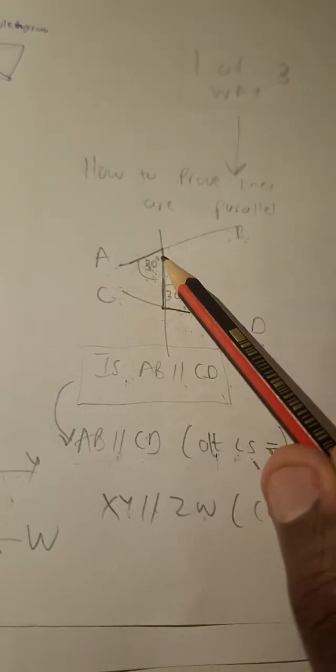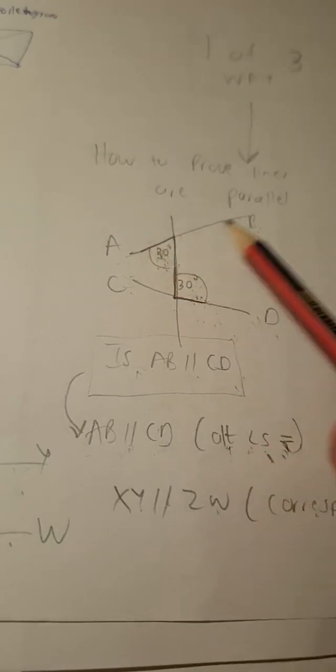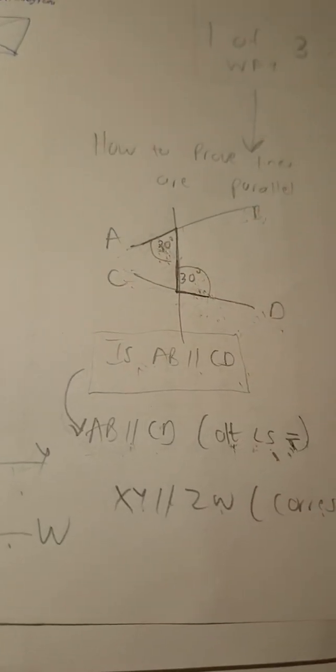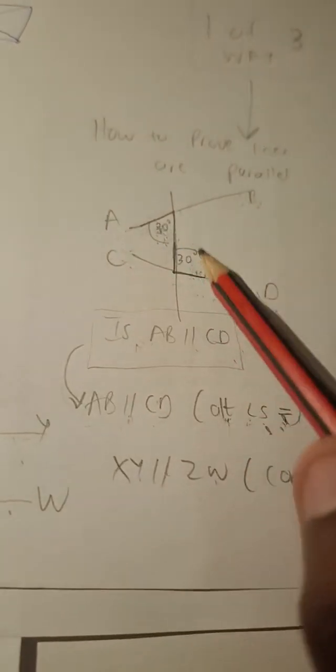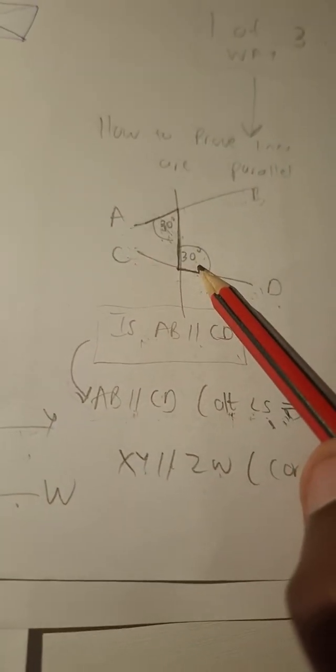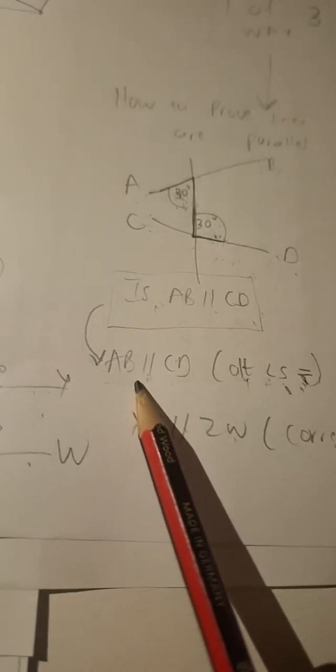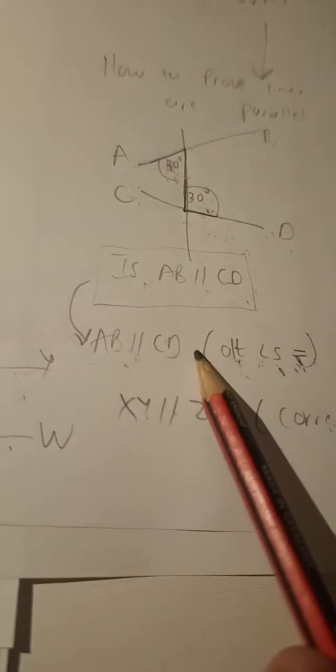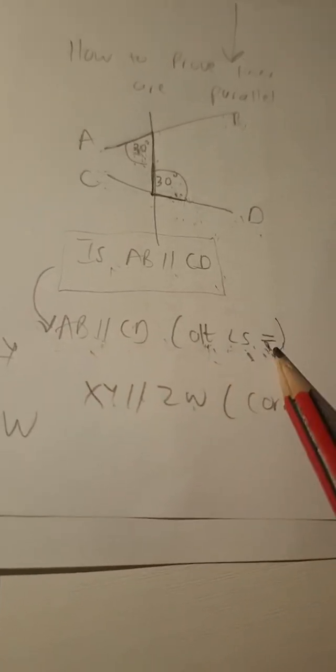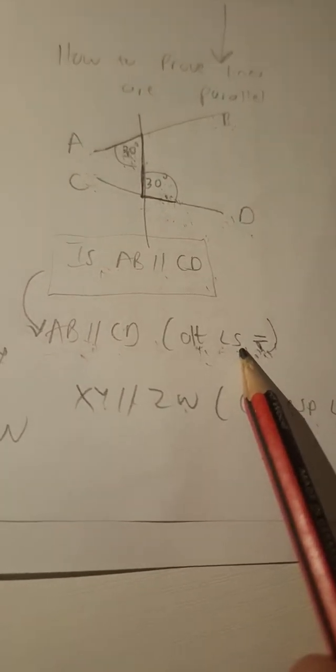The first way, if you can find alternate angles between the lines you are being asked to prove are parallel, if you can find the alternate angles that are equal, then you can say AB is parallel to CD. Alternate angles are equal. That is your reason for saying AB is parallel to CD. The Z effect is yielding equality. Are you with me?